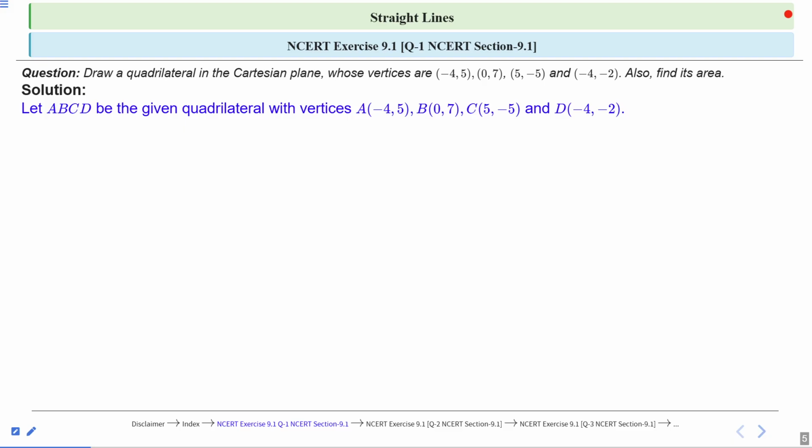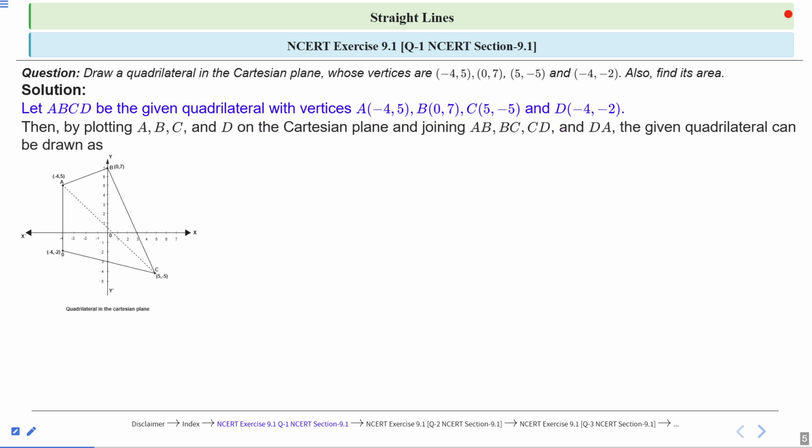First of all, let ABCD be the given quadrilateral with vertices A(-4, 5), B(0, 7), C(5, -5) and D(-4, -2). So let ABCD be the given quadrilateral whose vertices are A, B, C, and D. Then by plotting A, B, C, and D on the Cartesian plane and joining AB, BC, CD, and DA, the given quadrilateral can be drawn as follows.